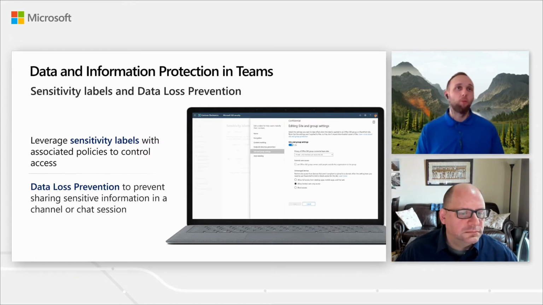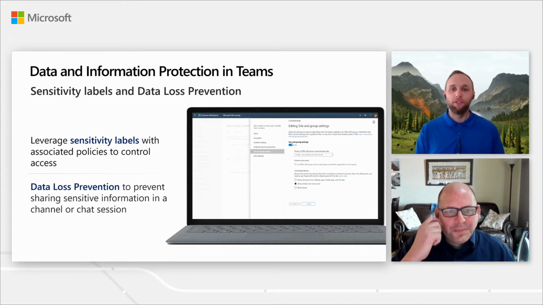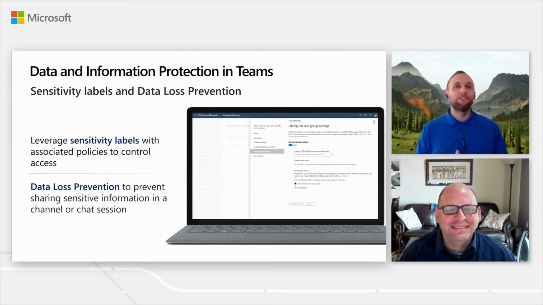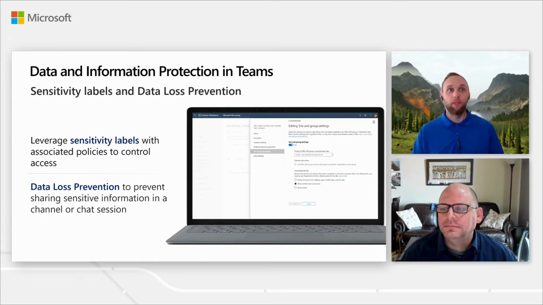And then even better, we can educate Brett with a nice little policy tip that says, hey, Brett, this is considered financial data. You should not just be sharing this over Teams, right? We're not saying that corporate credit card data doesn't exist, but we want to apply the appropriate protections on that using sensitivity labels, and DLP can help you identify where you might have those sensitive information types living out in the open.